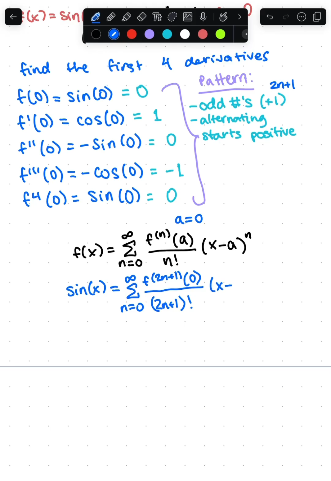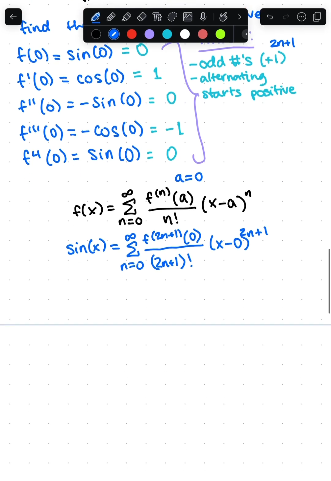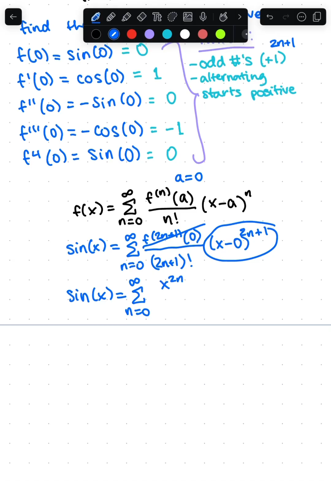Now we write x minus 0 to the 2n plus 1 power. And anything times 0 is equal to 0, so this cancels out. And now we can put this part, which is our distance from the center, on top of our n factorial. So it'll be x to the 2n plus 1 over 2n plus 1 factorial.